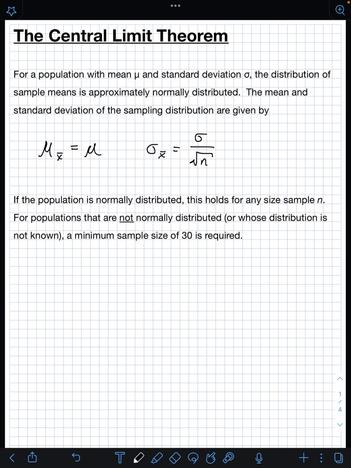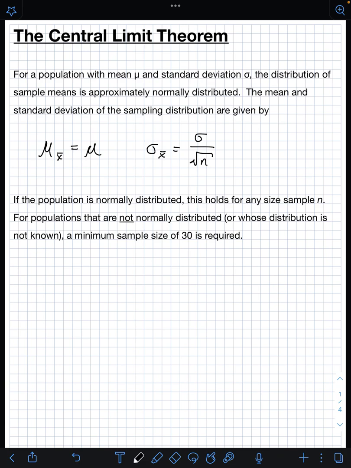Now, if the population itself is known to be normally distributed, then this will hold for any size sample, no matter how big or small. That being said, in looking through the simulation, we also saw that when we used a random distribution or a uniform distribution, we needed a very, very large number of samples, hundreds of thousands, if not millions, before we saw the normal shape really emerge.